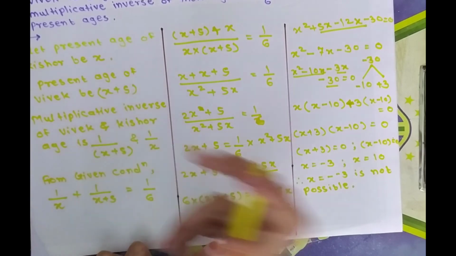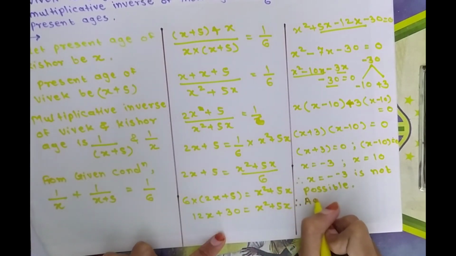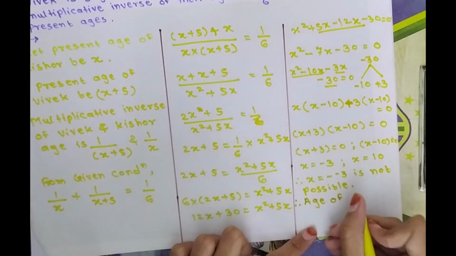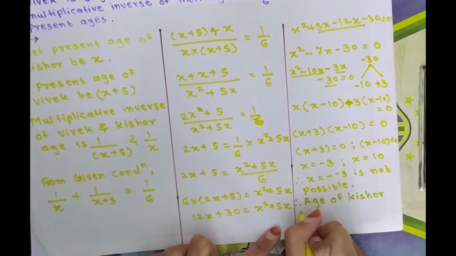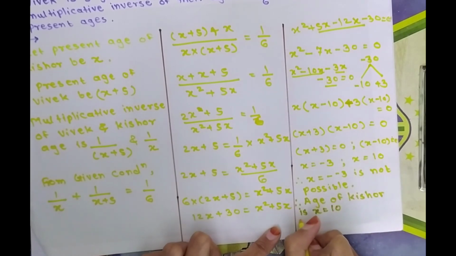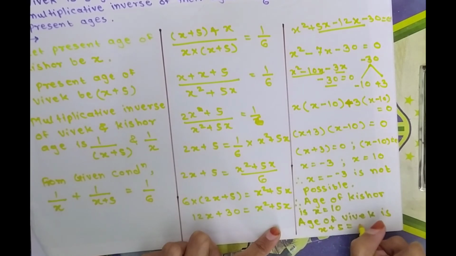So, 10 plus 5 is 15. Therefore, write age of Kishore is x is equal to 10 and age of Vivek is x plus 5 is equal to 15 years.